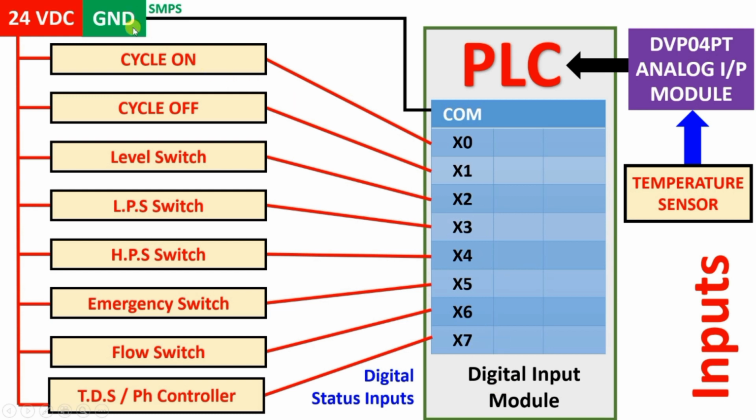We will connect the ground terminal of our SMPS to the common terminal of the inputs. Now we will give a 24-volt supply to each of our input sensors or switches. First of all are the cycle on and cycle off buttons. The cycle on button is connected to X0, cycle off is connected to X1.